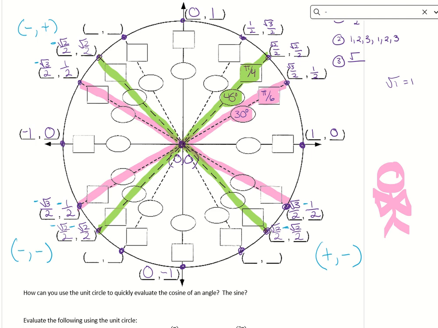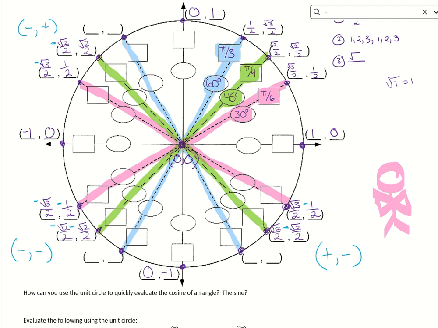And then we're going to do this one more time with our final reference angle. We're going to use this guy right here. So we know that this is 60 degrees, aka pi over 3. So again, we've got this guy, and this guy all refer back to 60 degrees, aka pi over 3.